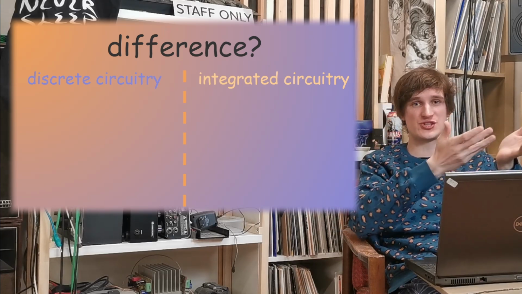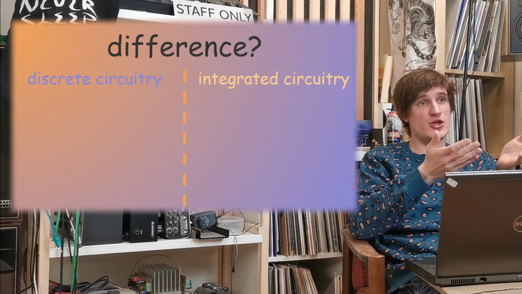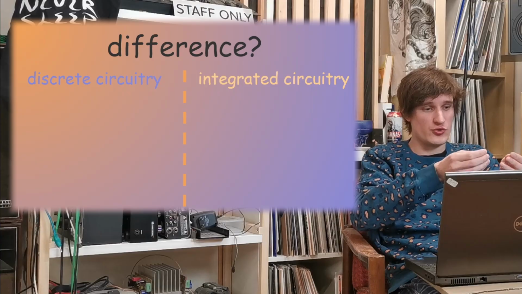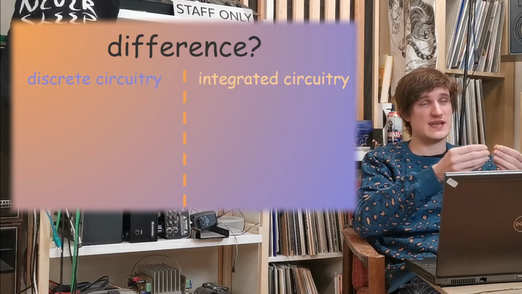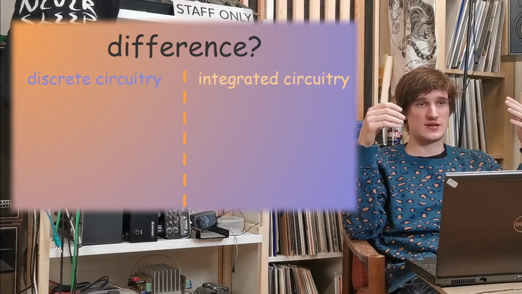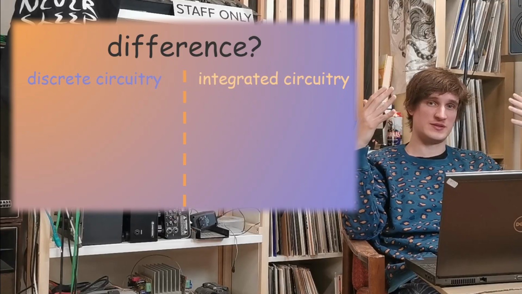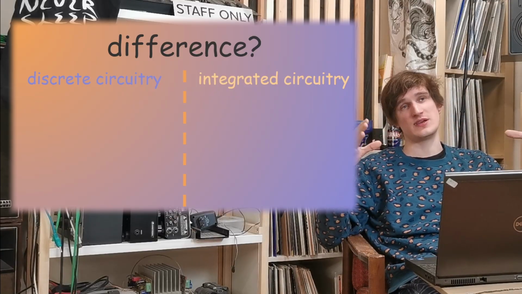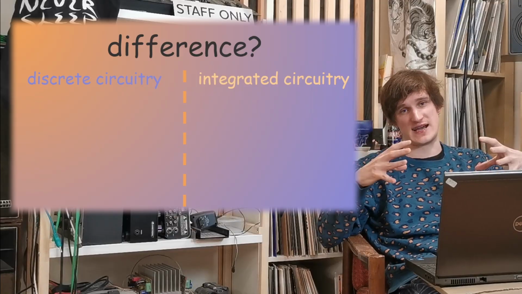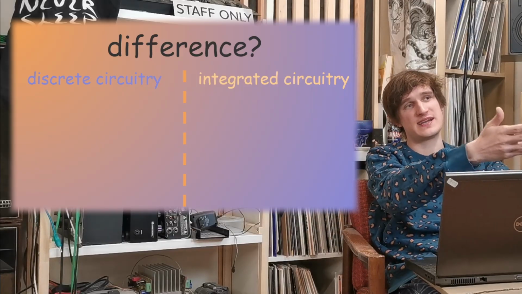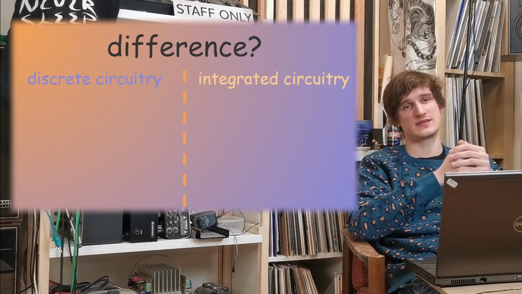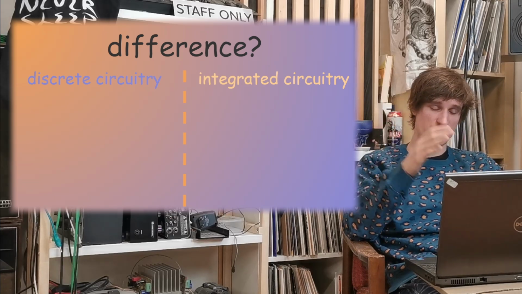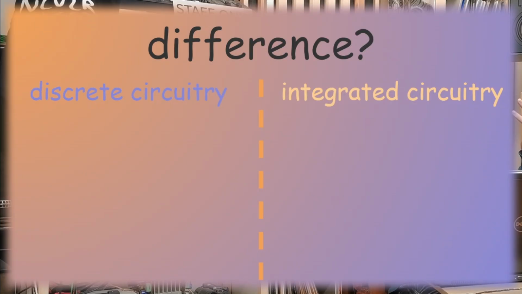So when you buy the chip, you don't really have control over what's going in the chip. You can't change the values. Someone that was working on development of this chip, before it went to production, made a design, and you just buy this design, and you can't really change it. And with discrete circuitry, you have just full control.